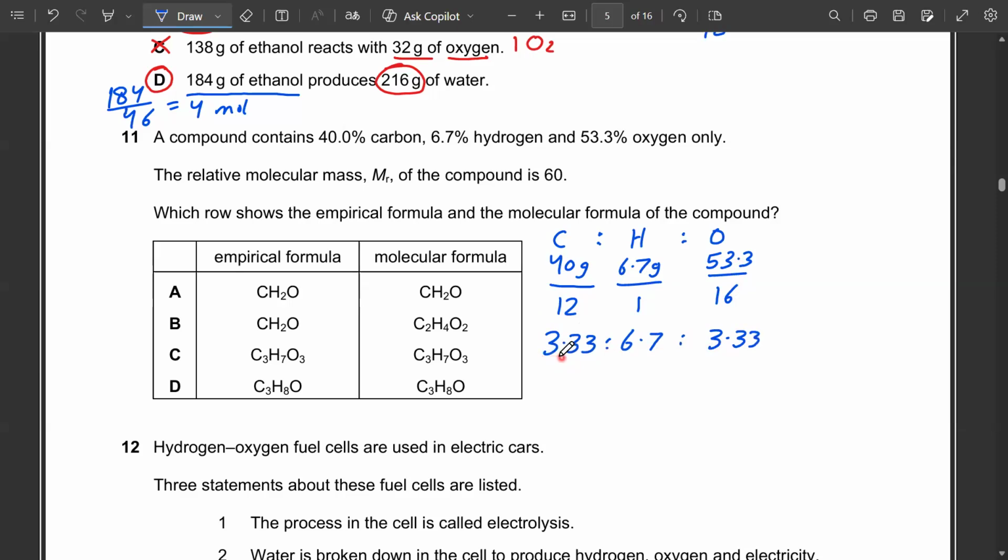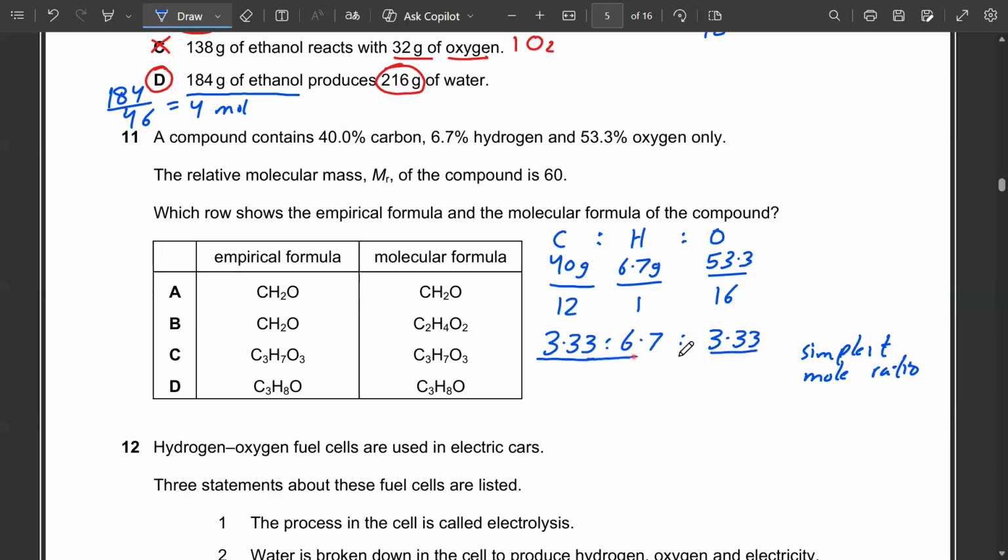Now the next step is to calculate the simplest mole ratio. For that purpose, you have to divide all the values by the smallest value. Here, 3.33 is considered the smallest value.